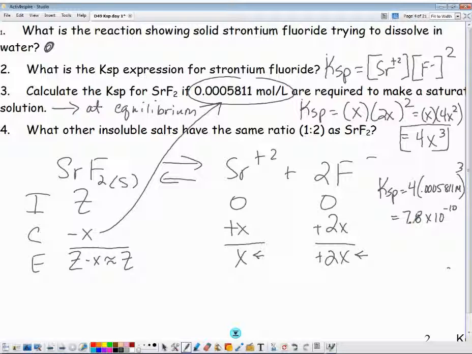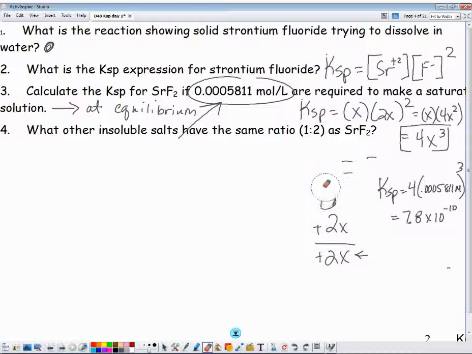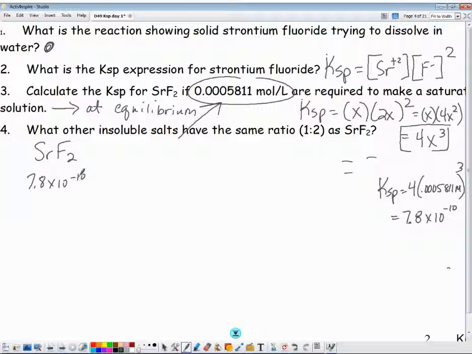Last question. What other insoluble salts have the same ratio of 1 to 2 or 2 to 1? What other insoluble salts have this same ratio? Let me grab my handy dandy eraser. All right, so who other than strontium fluoride with a KSP of 7.8 times 10 to the minus 10, who else? Who else has a 1 to 2 or 2 to 1 ratio that's insoluble?